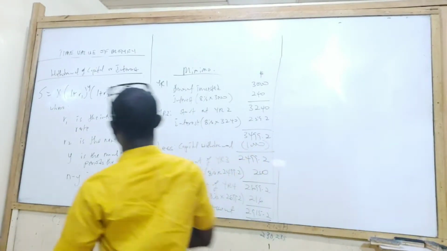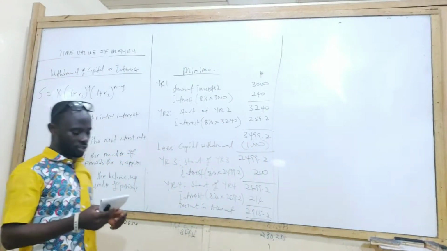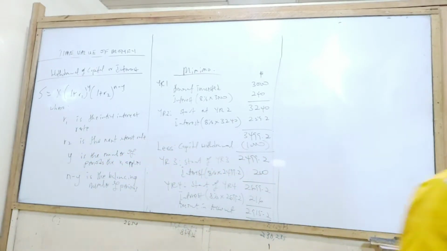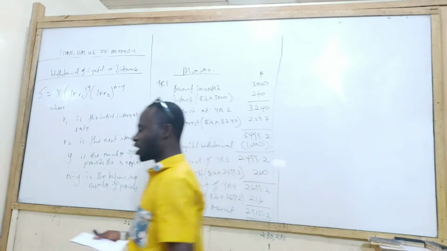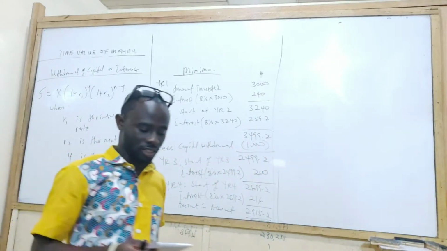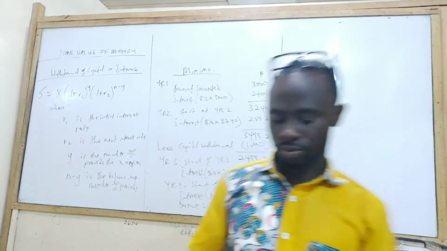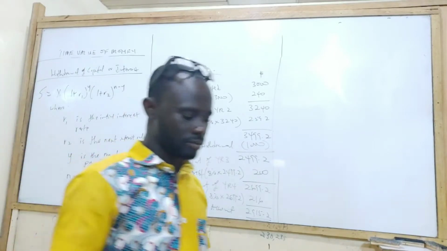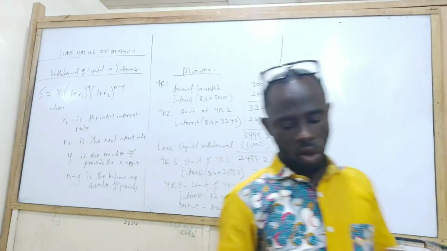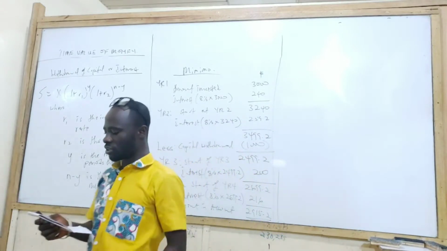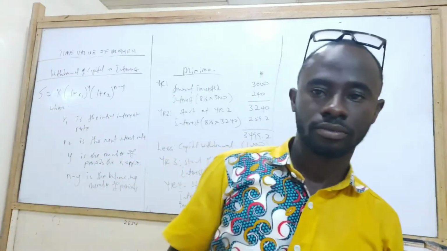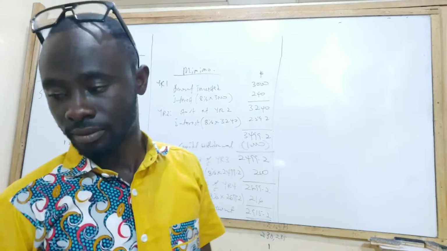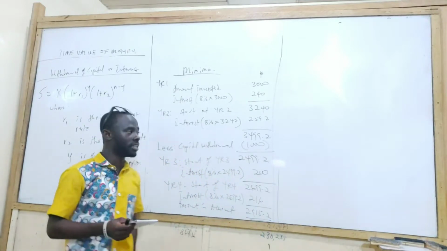So let's look at a question now on interest change. Kiki Limited invested $8,000 now to earn 10% interest for 3 years, and 8% thereafter.